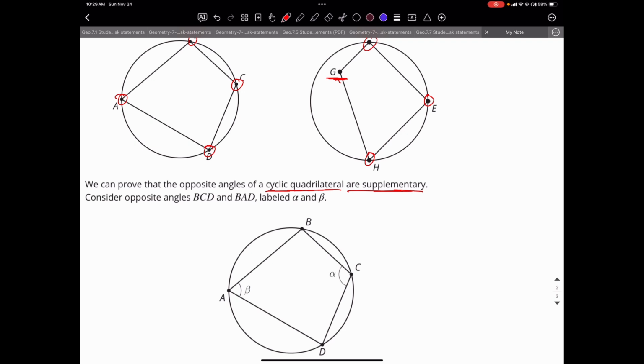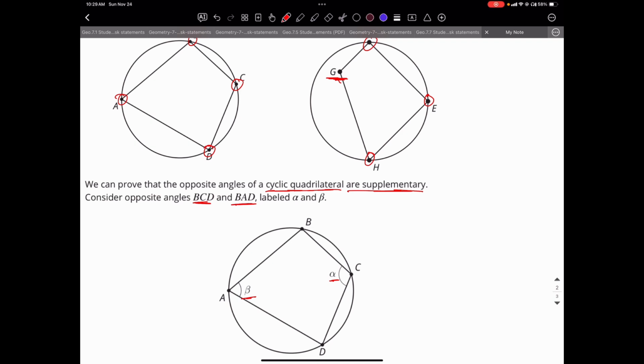Okay? Opposite angles are supplementary. So this is important because we're going to use this to prove certain things or to find angle measures, right? Consider the opposite angles BCD and BAD labeled alpha and beta, right? So this is alpha, this is beta.